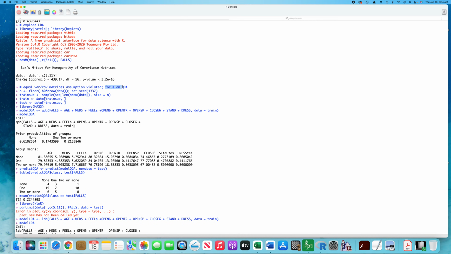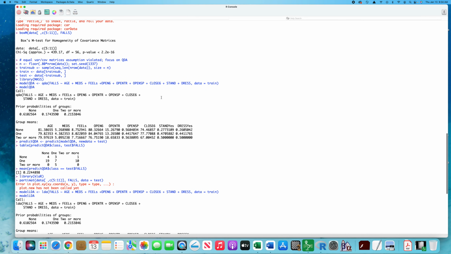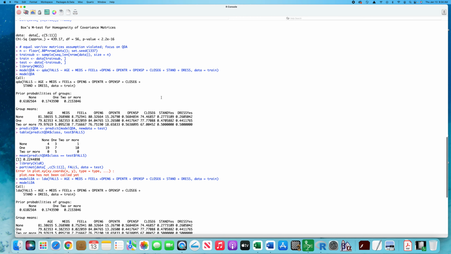So our focus should immediately turn to quadratic discriminant analysis. Next, I start the process for creating my training set and my test set, and we've talked about that previously. So I start sampling, and my training set, where I'm going to run my model, and my test set, where I'm going to test my model, have been clearly defined.